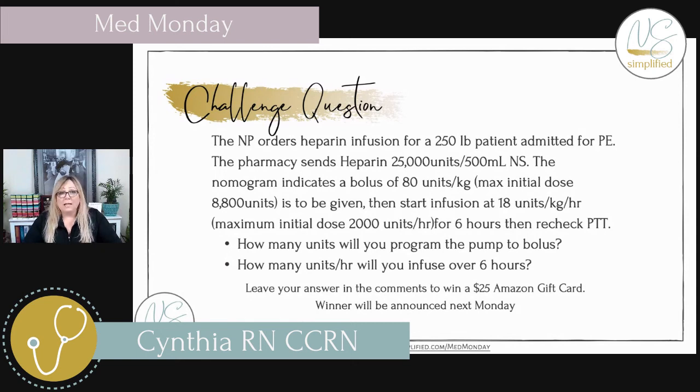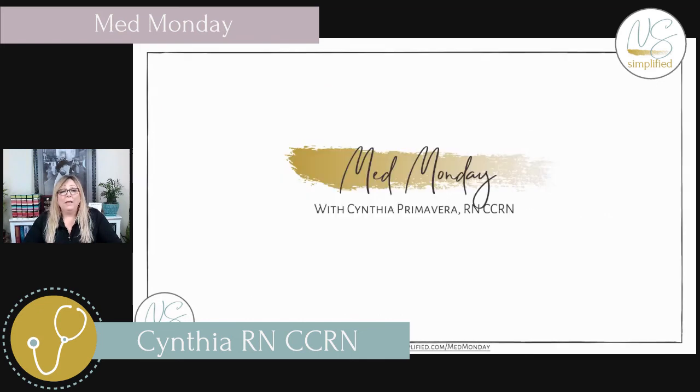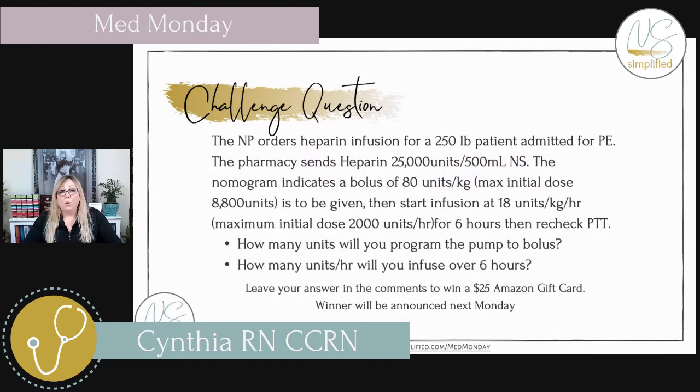The pharmacy sends heparin in a 25,000 unit 500 ml NS bag, and the nomogram indicates a bolus of 80 units per kilo with the maximum initial dose of 8,800 units to be given, and then start the infusion at 18 units per kilo per hour with a maximum initial dose of 2,000 units per hour. We're going to run that for 6 hours and then recheck our PTT.